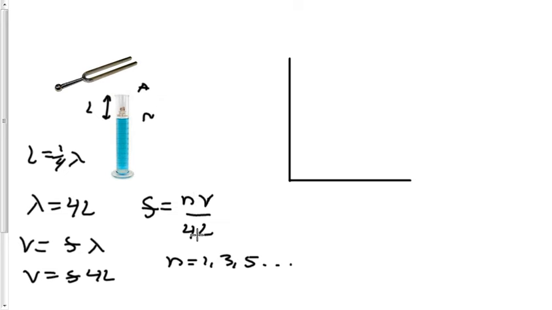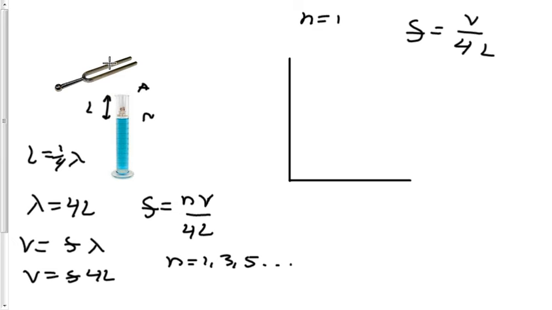So if we look at our equation here, I'll write that over here again. We have frequency. Let's choose the fundamental frequency, which is n equal 1. So if n equals 1, then the frequency is related to the speed of sound divided by 4L.